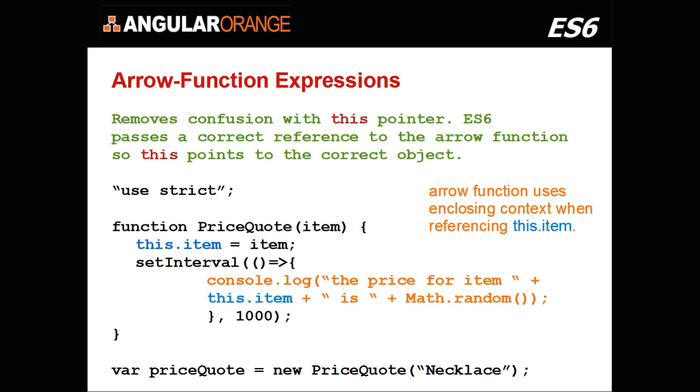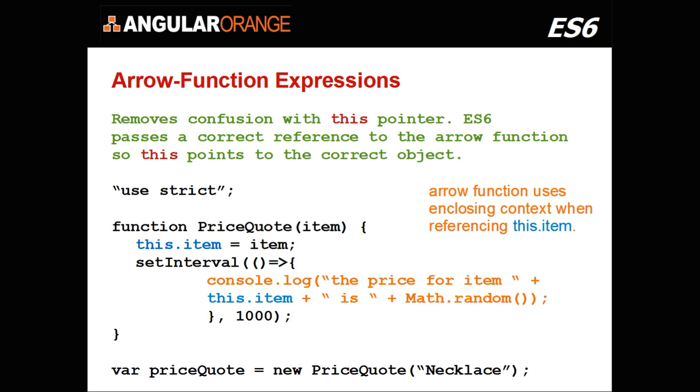Now we call the set interval function, which is in some sense simulating an asynchronous call, and it's passing this dot item. Well, this is going to eventually be picked up by the event loop and executed in the stack.